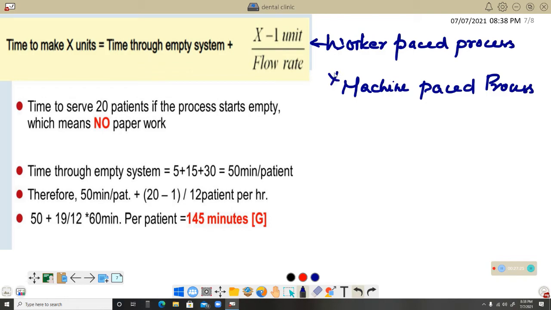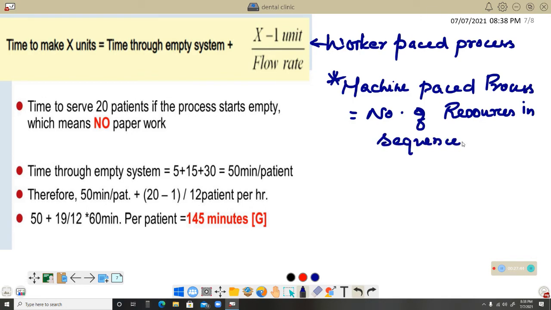In this particular situation, for a machine paced process, the formula is not like this, but it is equal to the number of resources in sequence into the processing time of the bottleneck we have to take.